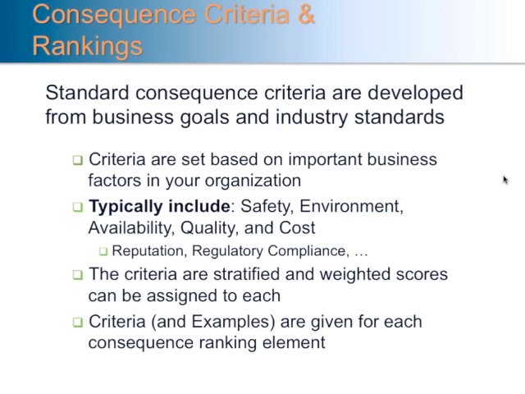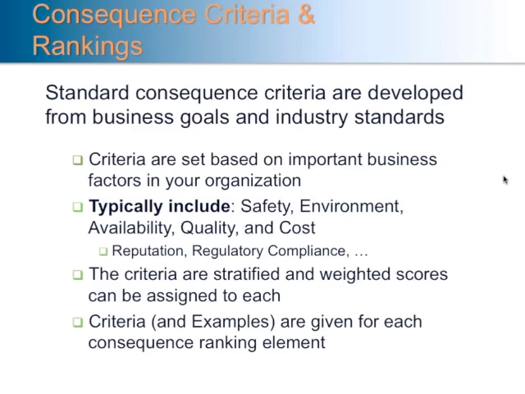Excellent, thanks. So failure impact then is most simply defined as this combination of an event and a consequence associated with the event. So we'll deal with consequence criteria and rankings first. To understand failure consequence, we must first lay out what criteria are important for the business factors of your organization.